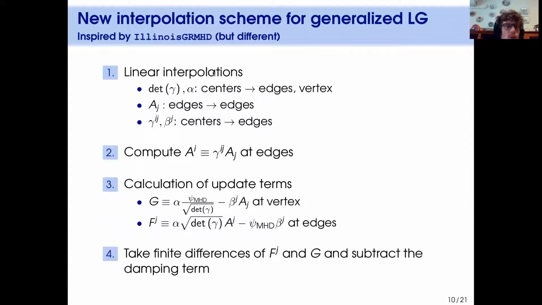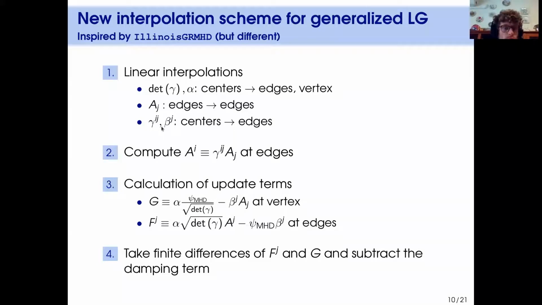So we decided to switch to a different scheme, which is partially inspired by the one used in Illinois GRMHD. We interpolate the determinant of the spatial metric and the lapse to the edges and the vertex, the vector potential from the edges to all the other edges, okay?